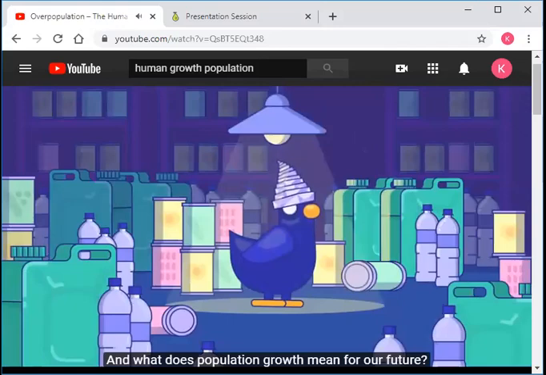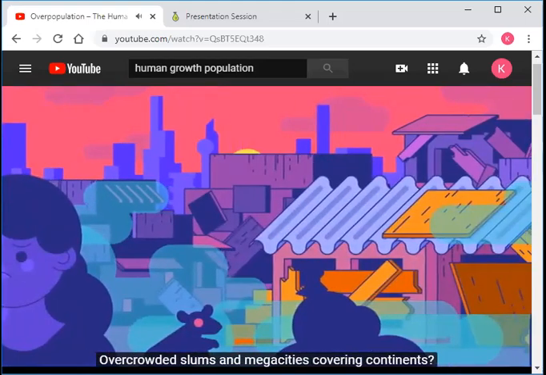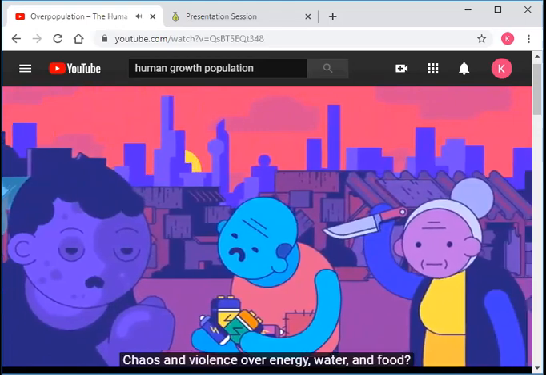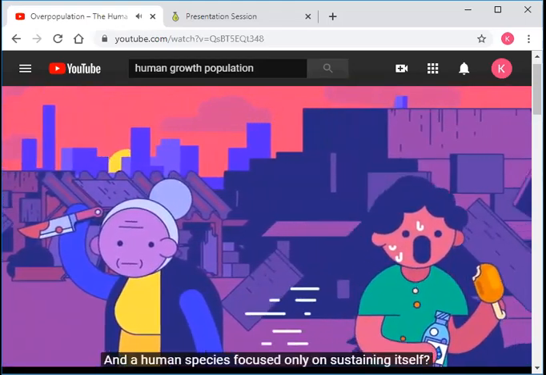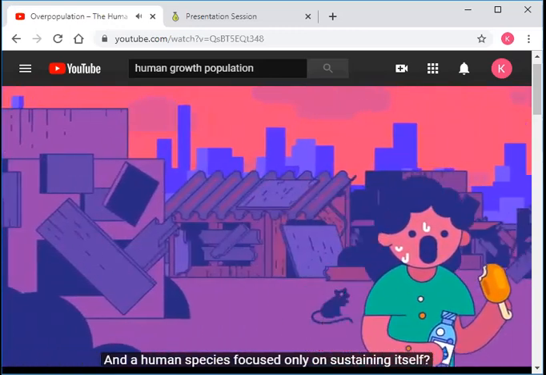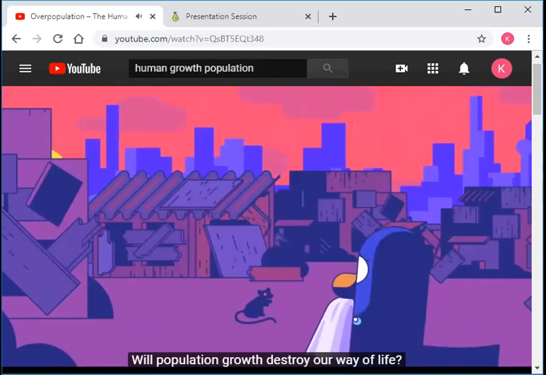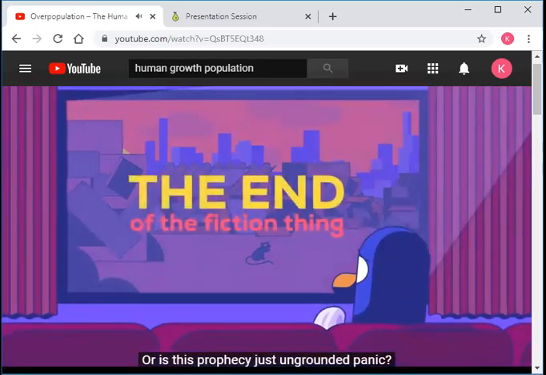And what does population growth mean for our future? Will there be mass migration, overcrowded slums in megacities covering continents, diseases and pollution, chaos and violence over energy, water and food, and a human species focused only on sustaining itself? Will population growth destroy our way of life, or is this prophecy just ungrounded panic?